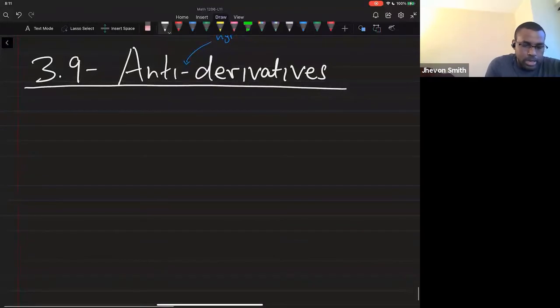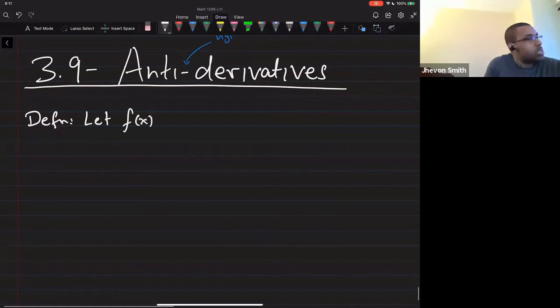actually talk about that. So definition: let f of x be a function.